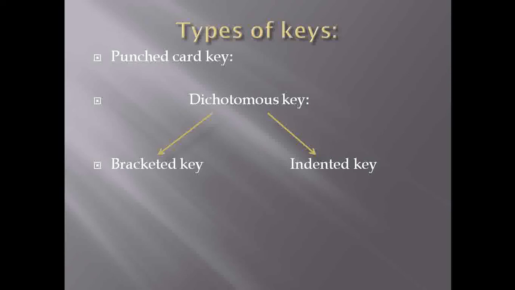Under the dichotomous key there are two characters, and this dichotomous key again gets divided into two types, the bracketed key and the indented key.